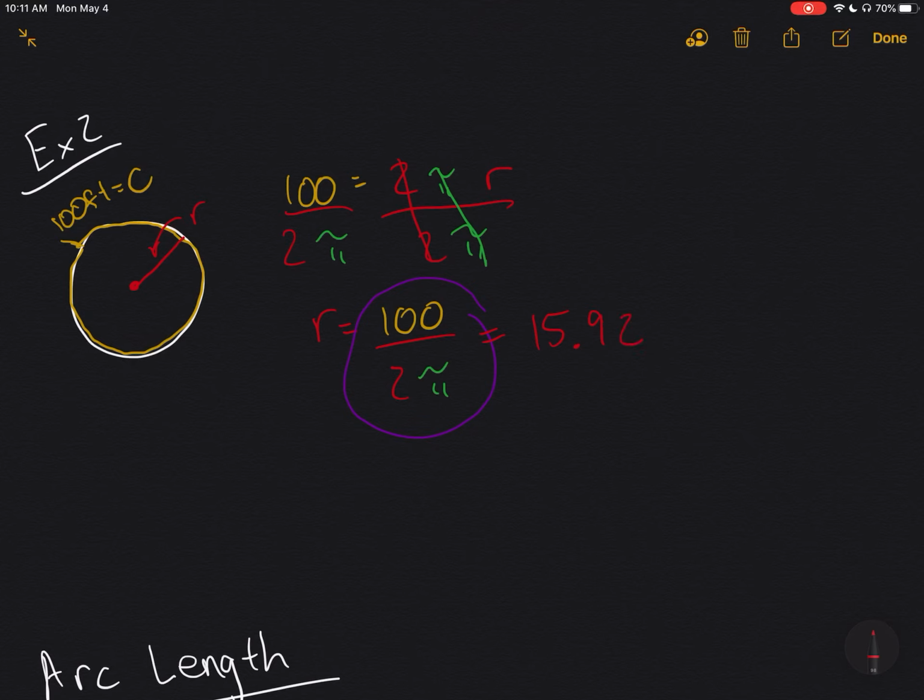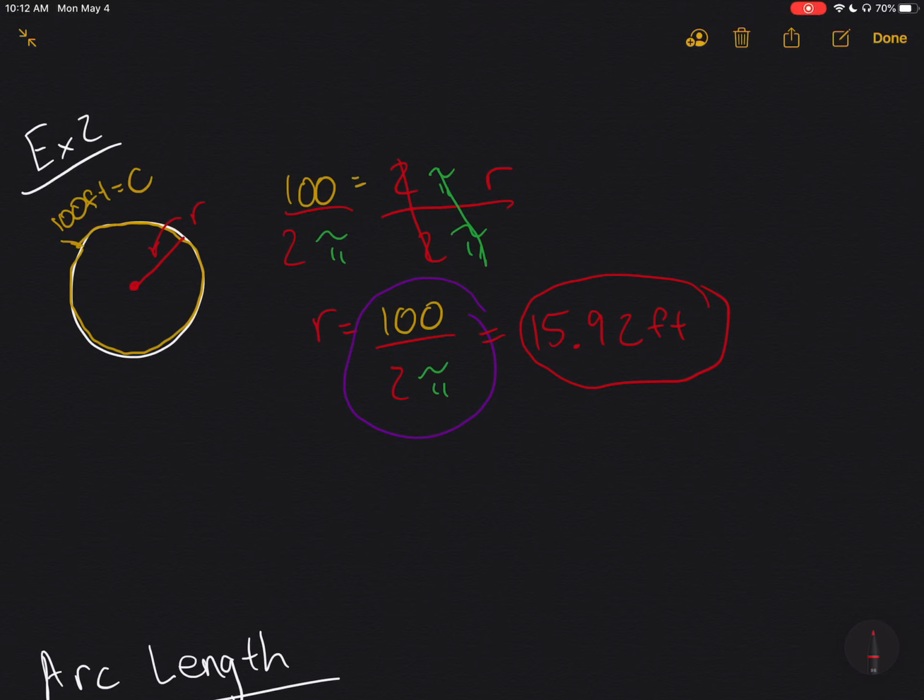And you'll recall that our units were in feet, so 15.92 feet, which also means that the diameter would be about, what would that be, 31.84, so twice the radius. You could also find the diameter if you wanted to, right?